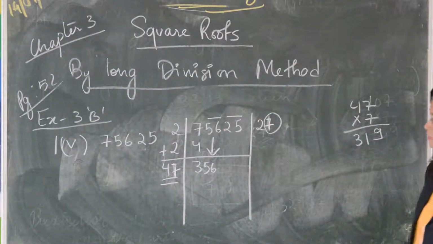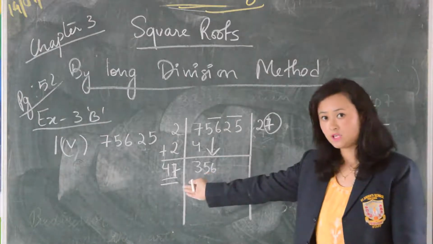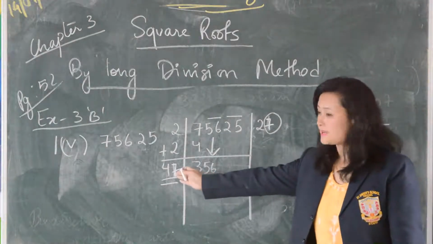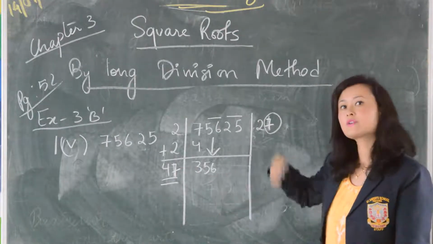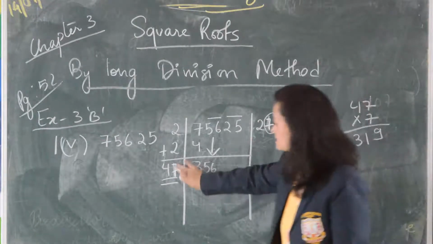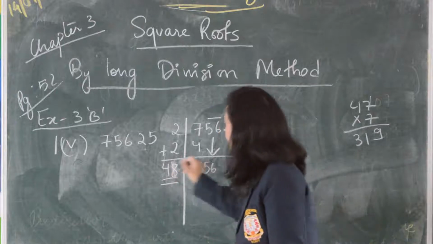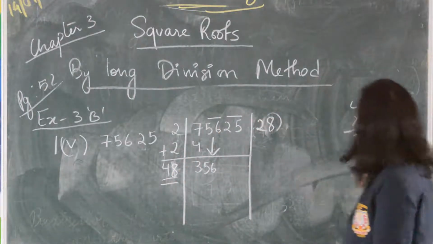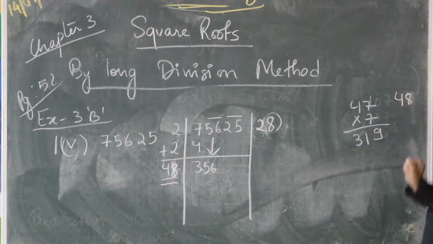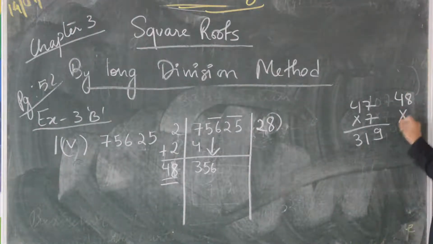But we might not know that there is a greater number than 7, which is 8. So if we write 8 here, we might get a number which is closer to 356 or greater than that. So let's just try once. If I write 8 here, I need to write 8 here as well, and I will multiply 48 with 8.